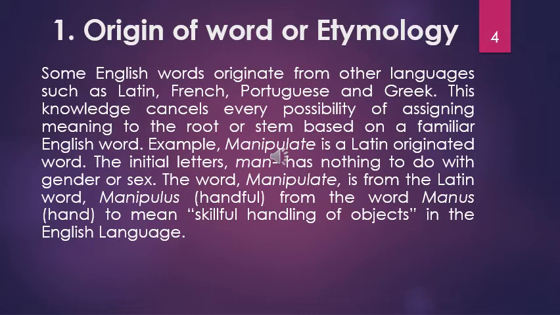Knowing the origin of a word, or the etymology of that word, will help a reader or a student to enhance or develop his vocabulary. Majority of English words were borrowed from Latin, French, Portuguese, Greek, Germanic, and so on, and even Arabic language.